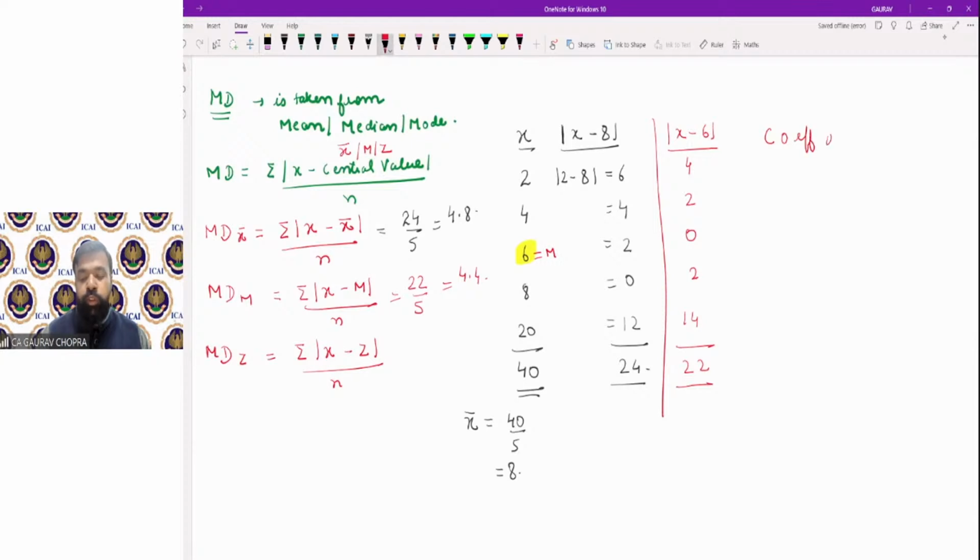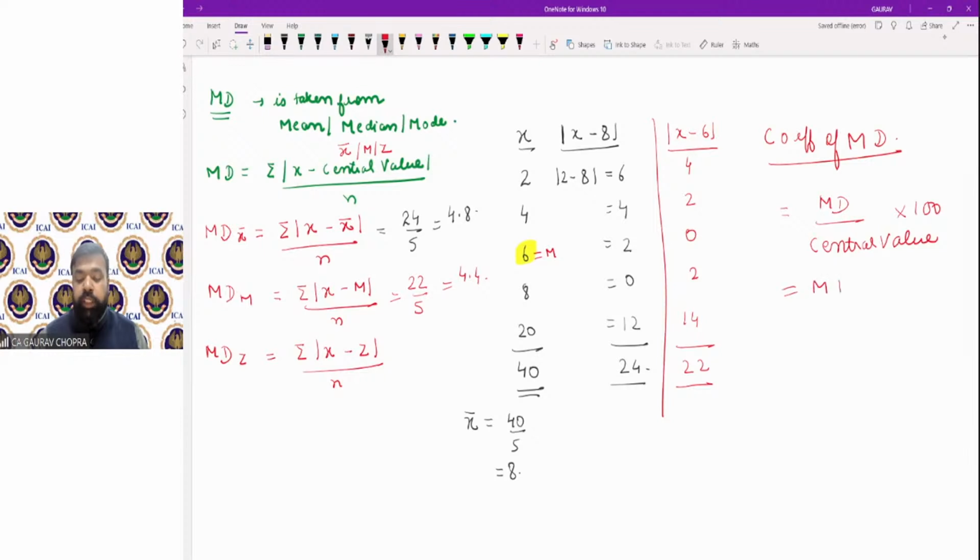So let's write coefficient of mean deviation. Again, the formula is very simple. Mean deviation divided by central value, and then multiply by 100.